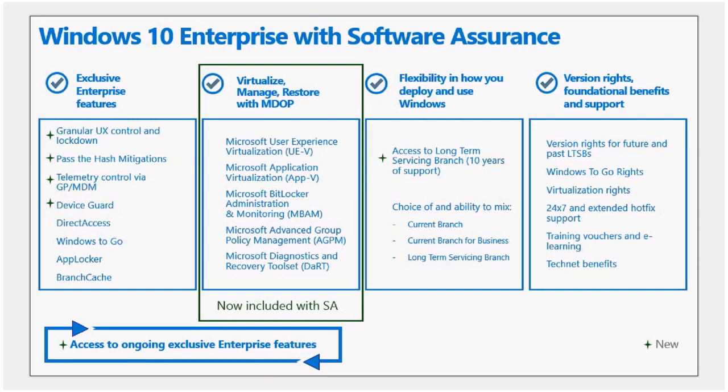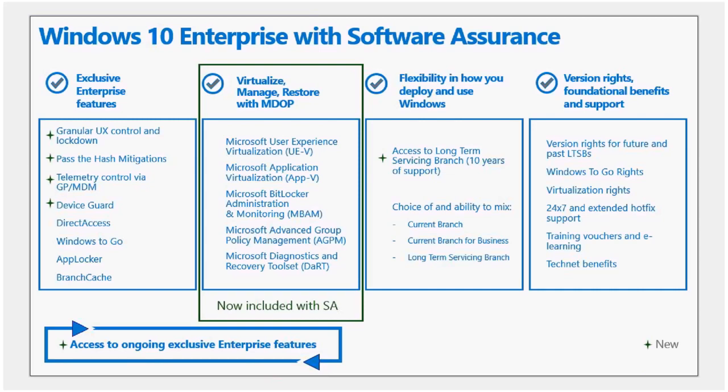Pass the hash mitigations and device guard are both very innovative security features that are available in the Enterprise Edition only. Additionally, the Enterprise Edition will give you options about the telemetry that you provide Microsoft on your IT environment. Direct Access, Windows To Go, App Locker, and Branch Cache were all innovations delivered in Windows 8.1 Enterprise Edition, and they continue to be available exclusively in Windows 10 Enterprise Edition.